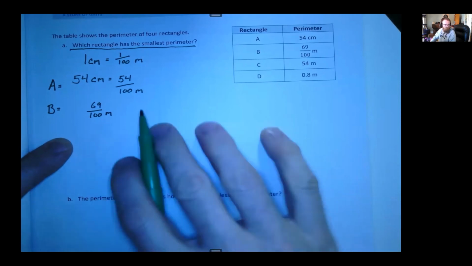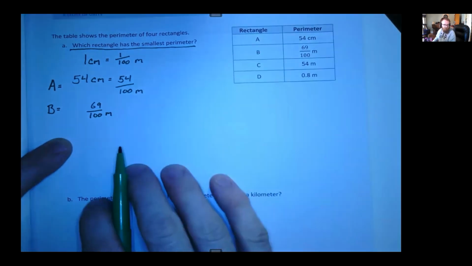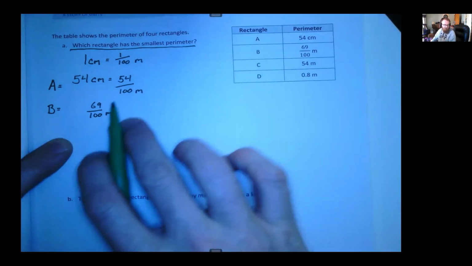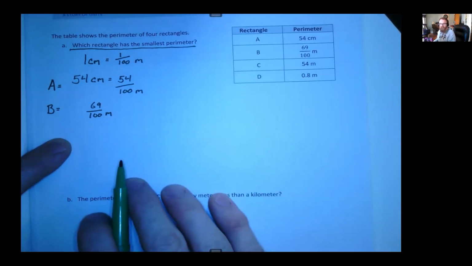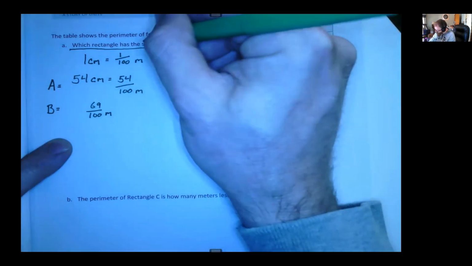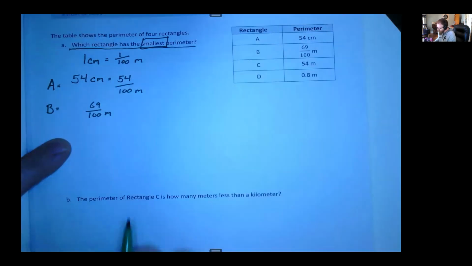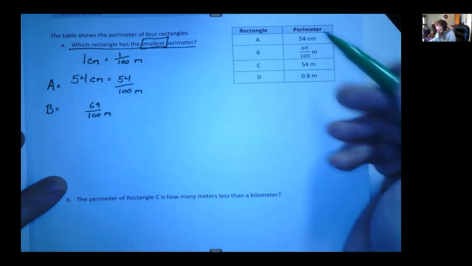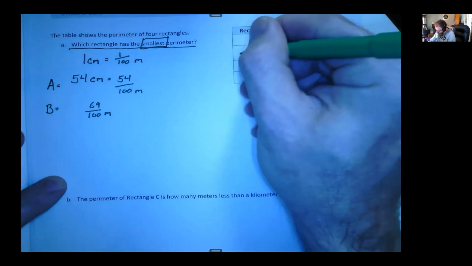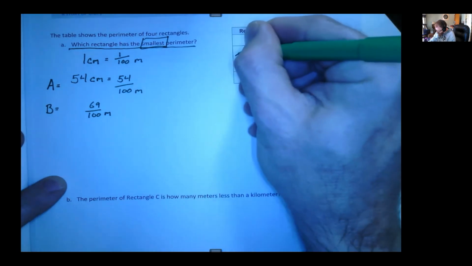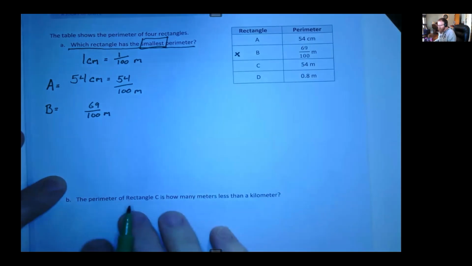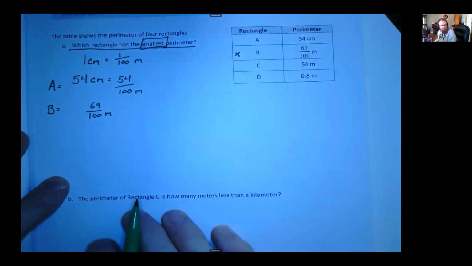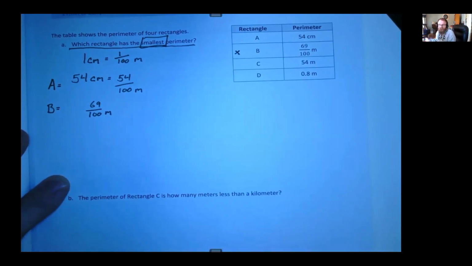And since our units are the same and our denominators are the same, then we know that rectangle B is larger than rectangle A. It has a larger perimeter. We are trying to find the rectangle with the smallest perimeter. So B is out. We know that A is smaller than B. B can't be our correct answer. So I'm just going to, without making a mess, mark a little X here. I know B is out of the question because I've already found a rectangle that is smaller.